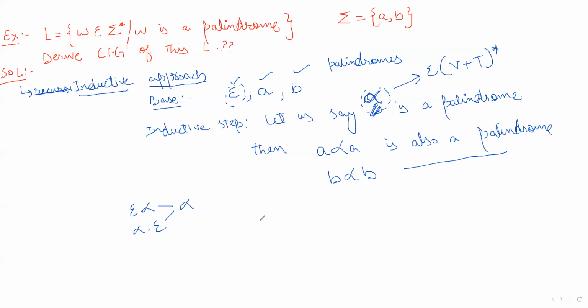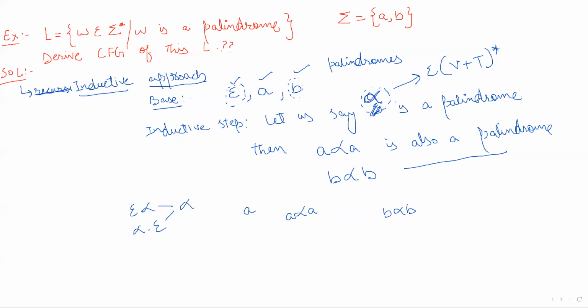Now let's consider A. So how can we combine alpha with A to generate palindromes? One is A alpha A. So this is the only method by which we can combine alpha with A to generate palindromes. Likewise, how can we combine alpha with B to generate palindromes? So this is the only method to combine alpha with B to generate palindromes.